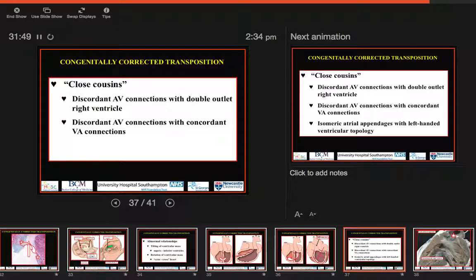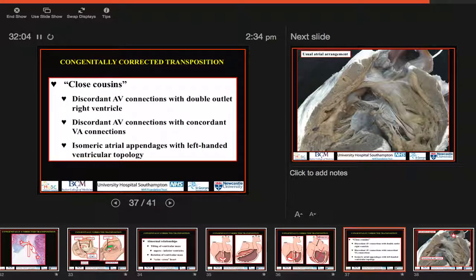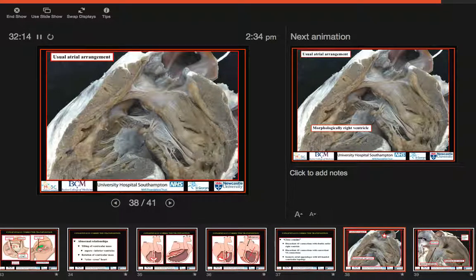That combination has been given a vast number of horrible terms, such as anatomically corrected malposition or isolated ventricular discordance. I think what we have to do there is simply describe what's going on. And we can also have left-handed topology with isomeric atrial appendages, which will give us mixed atrioventricular connections.